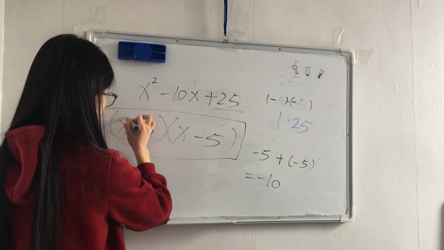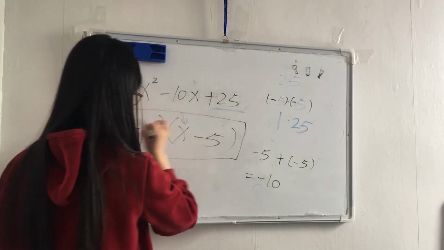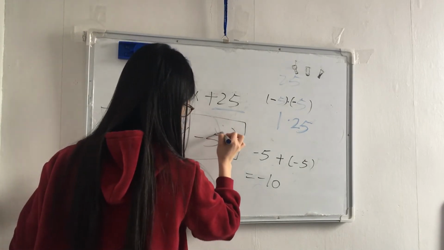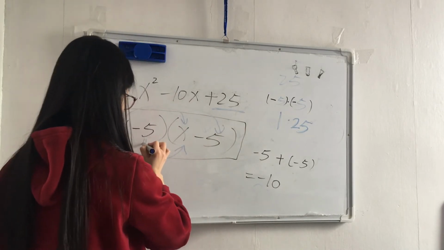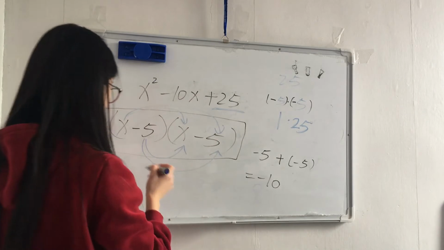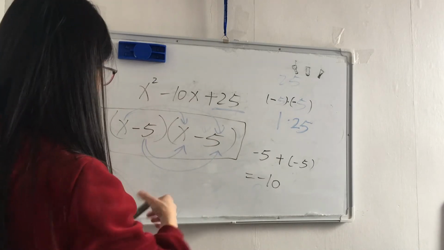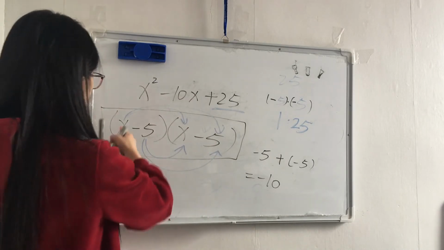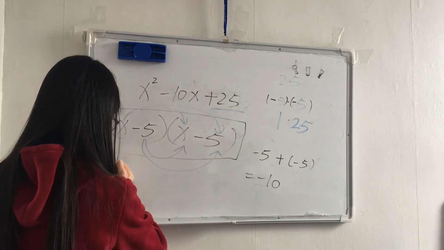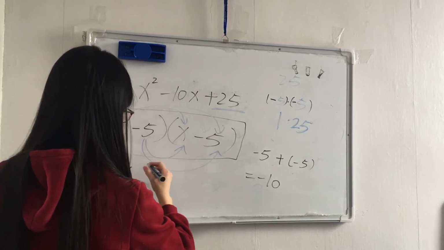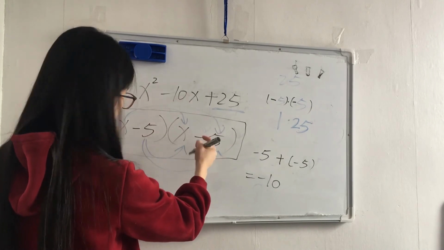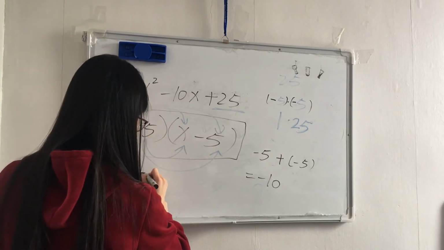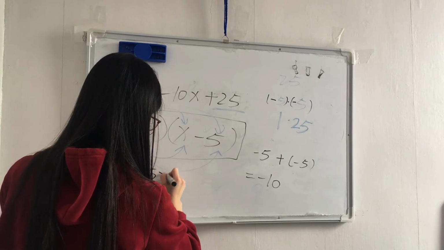Okay, so the first term times the first term, the first term times the last term, this times the inner, negative 5 times negative 5. Okay, this is x times x. This is x times negative 5, so that will be negative 5x.